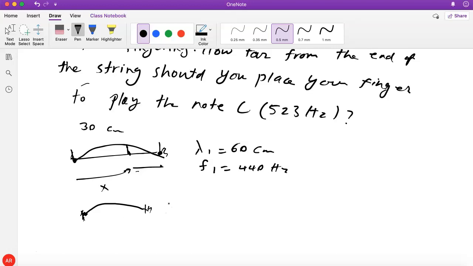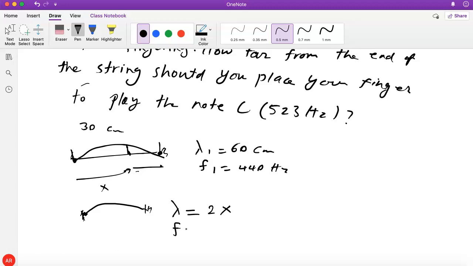Now, let's say this lambda, well, we don't know what it is, but it's 2x, right? In the same way that this lambda was 2 times 30, the whole length of the string.